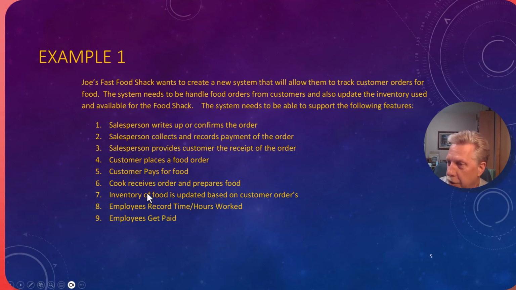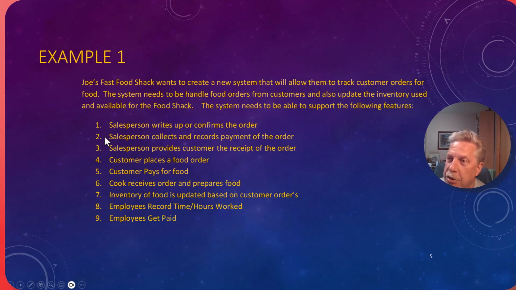The inventory needs to be managed, so we're managing food that's in the food shack. Employees record their time for hours worked, and then the employees get paid. So those are all the activities that the system needs to track.